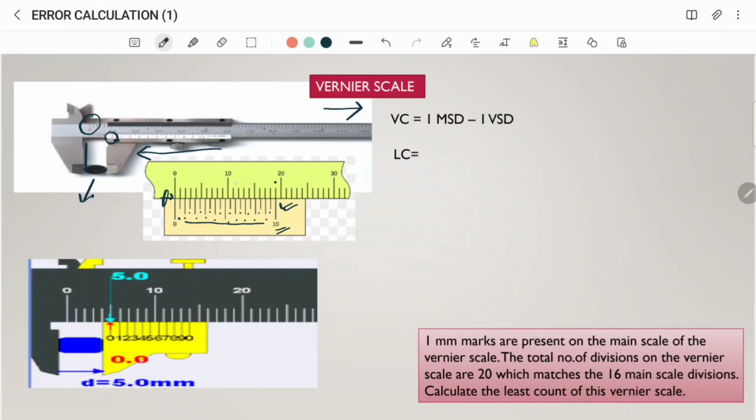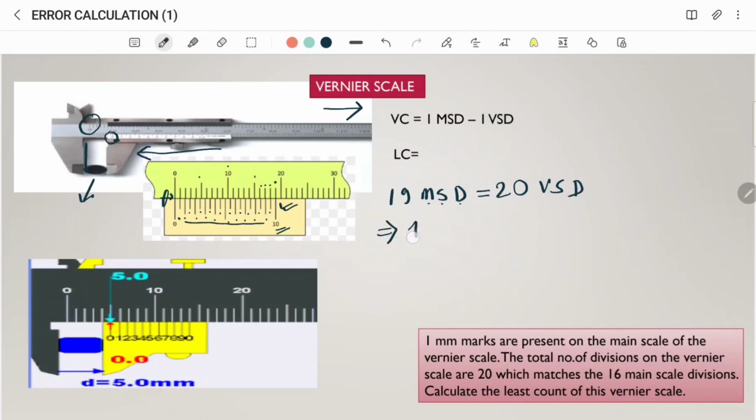Let us count the divisions in the main scale. So this is 5, this is 10, this is 15, 16, 17, 18, 19. So 19 divisions in the main scale, which is called 19 main scale divisions, is coinciding with 20 vernier scale divisions.